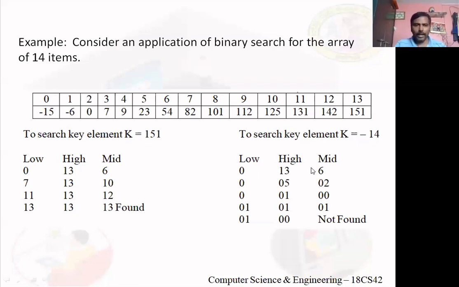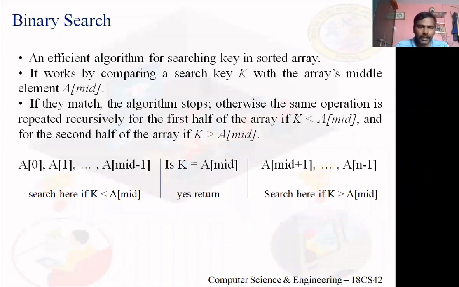Now I'll make this clear with the second point of the previous slide. It works by comparing a search key with the array's middle element, A of mid.